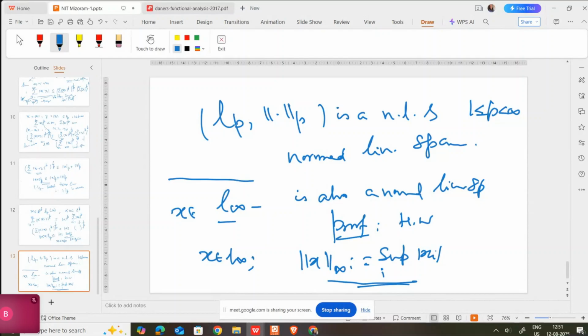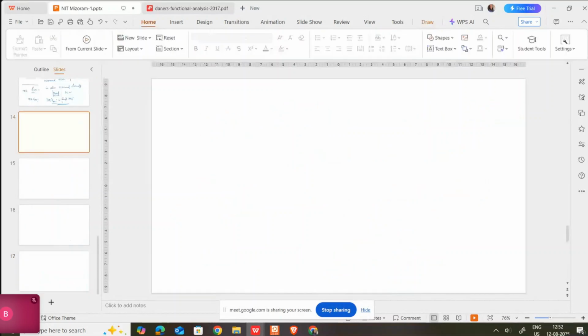And one important aspect which I will not do here is the containment problem. So you have l^p over K, and you also have l^q over K, with 1 less than or equal to p less than or equal to q.